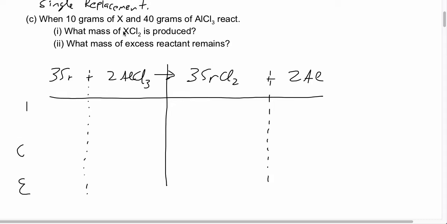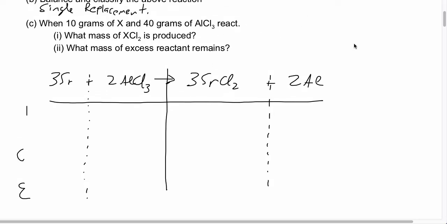So you have 10 grams of X. Remember, we have to always convert that to moles. So the molar mass of strontium is 87.6. So you have 87.6 grams in every 1 mole. This is for strontium. Equals 10 grams per every X moles.